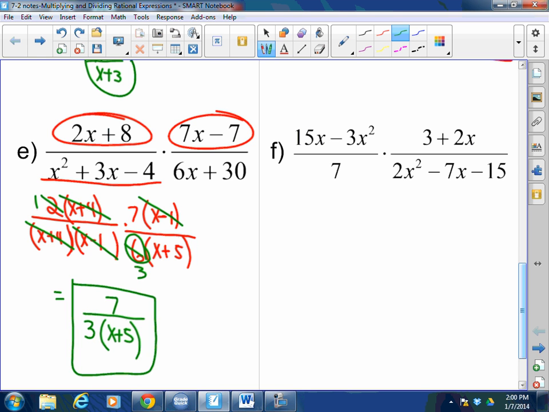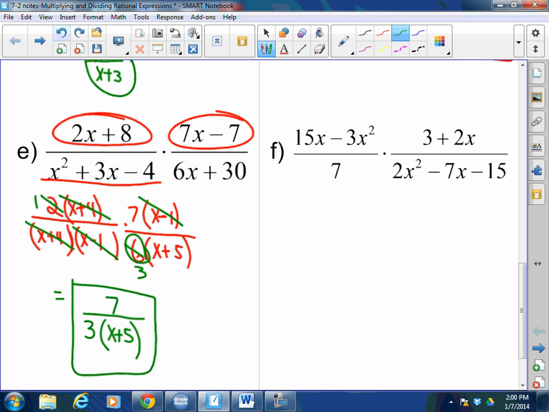If you had this, though, you cannot take that 2 and that. You cannot do that. No. Great question, as always. May we continue?